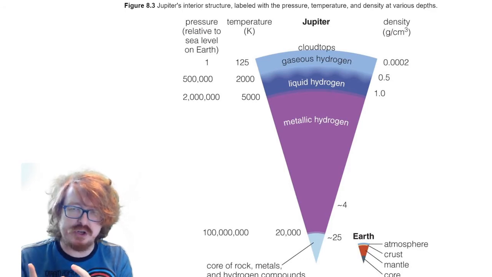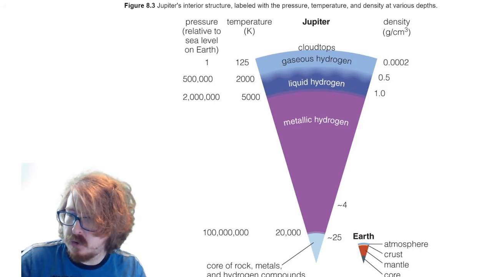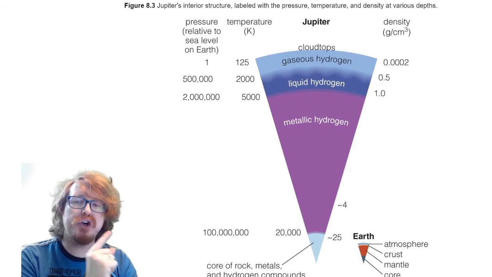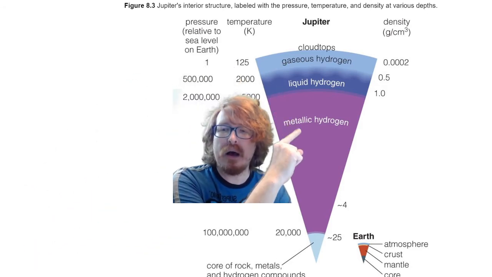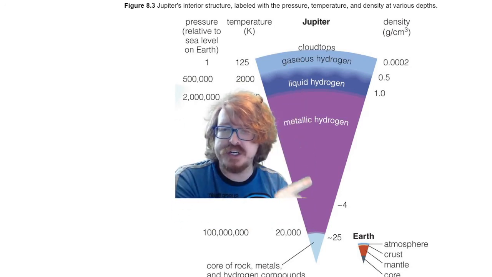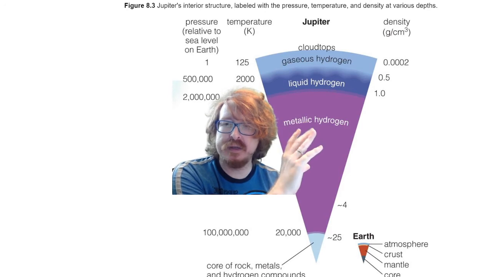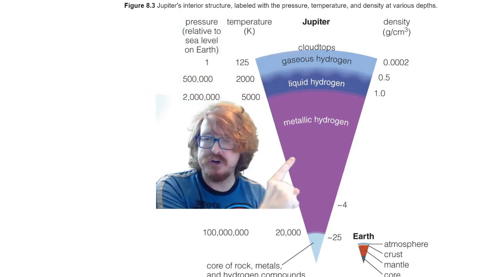It turns it into liquid metallic hydrogen. So, here's my question. What does Jupiter use to squeeze all of this liquid hydrogen here and turn it into metallic hydrogen? How does Jupiter squeeze this hydrogen?